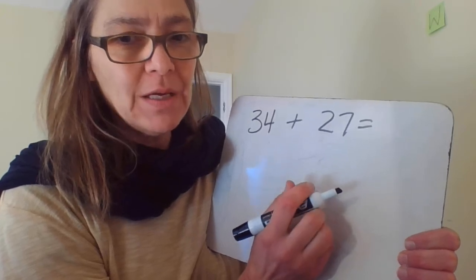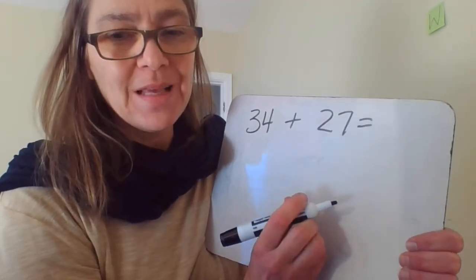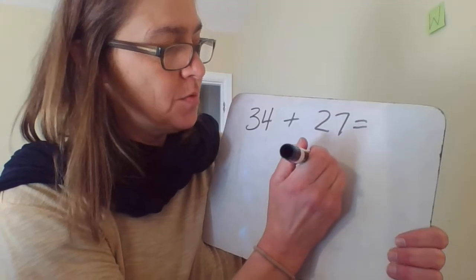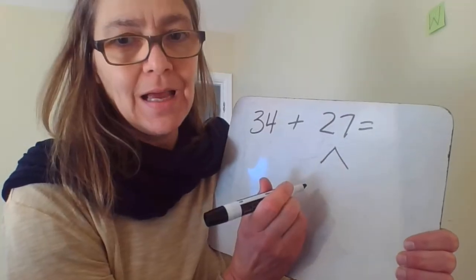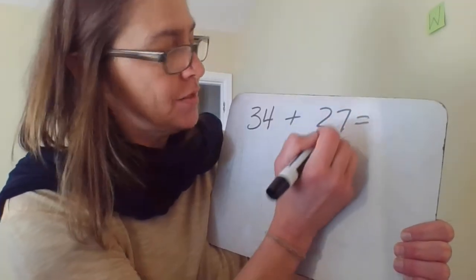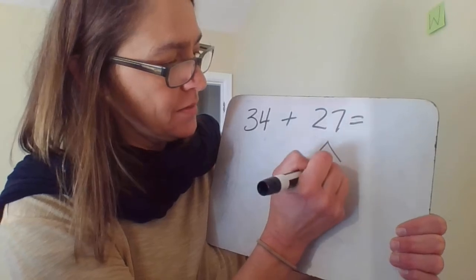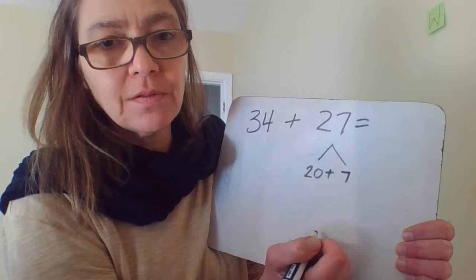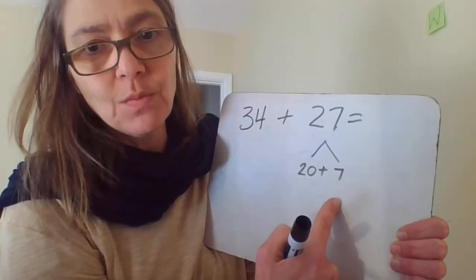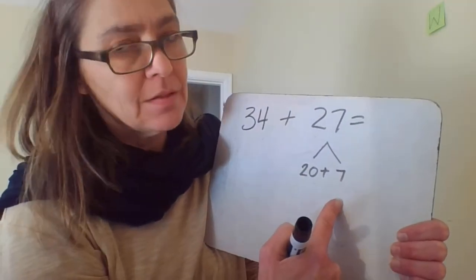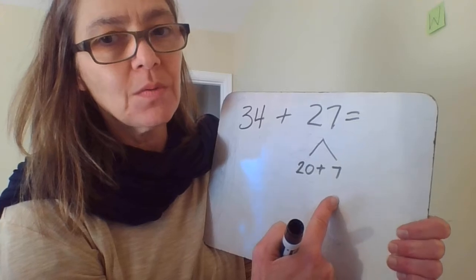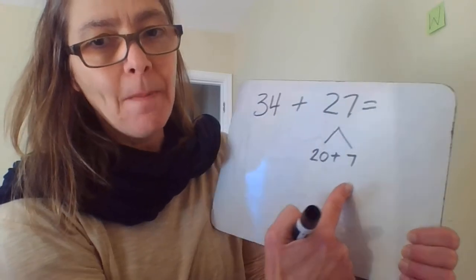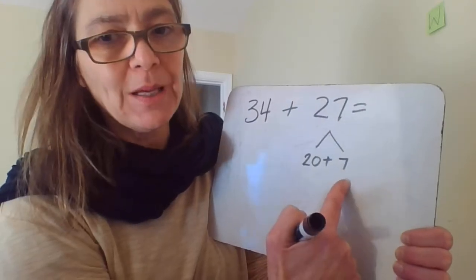Okay, and we are going to break apart numbers, and this is how it's done. You break apart the second add-end into its tens, 20, and its ones, 7. 2 tens and 7 ones. Just like we do with the daily number, this is called expanded form.